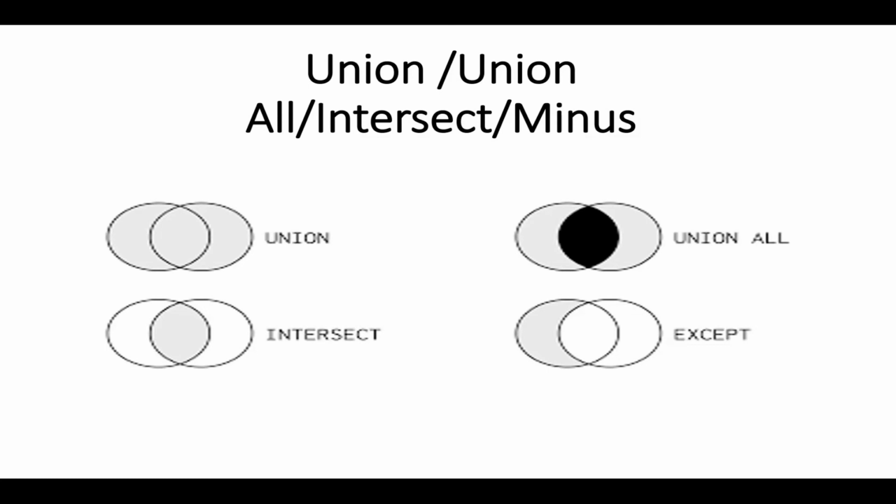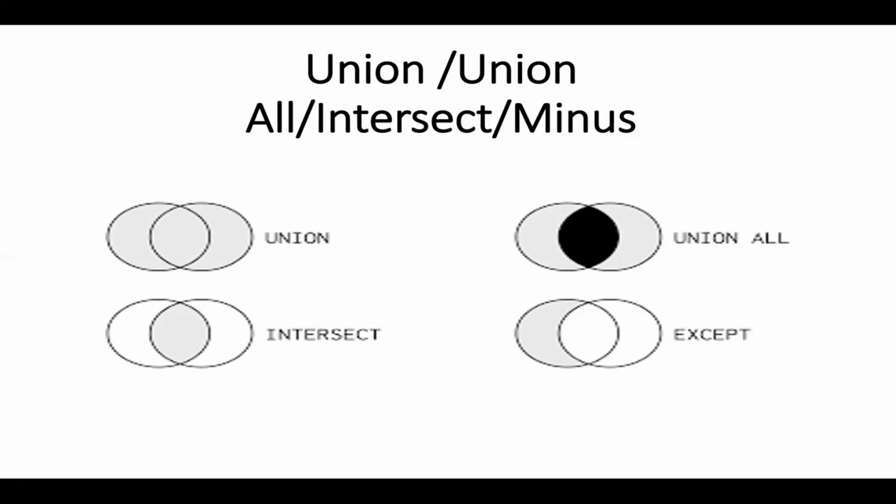So for that, there are things called union all, intersect, etc. Now what union does is take the information from two tables, but if there is any duplicate information, if you are selecting 10 columns and all the 10 columns exist in the other table, then it gets only the unique information.